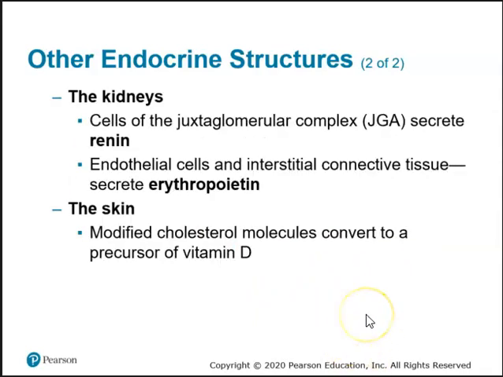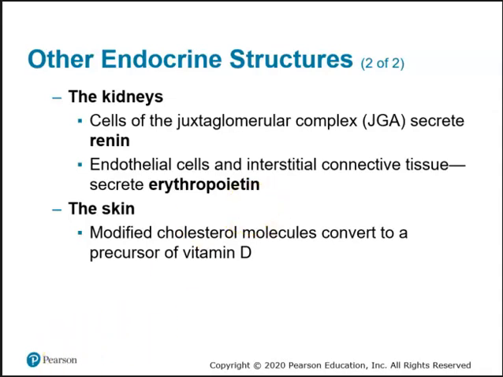The kidneys. Within the kidneys, we have the juxtaglomerular complex, or the JGA, that secrete renin. Renin, again, being part of the renin-angiotensin system that helps regulate blood volume and blood pressure. We also have endothelial cells and interstitial connective tissue that secrete erythropoietin. Erythropoietin is an important hormone for blood cell formation, specifically the erythrocyte.